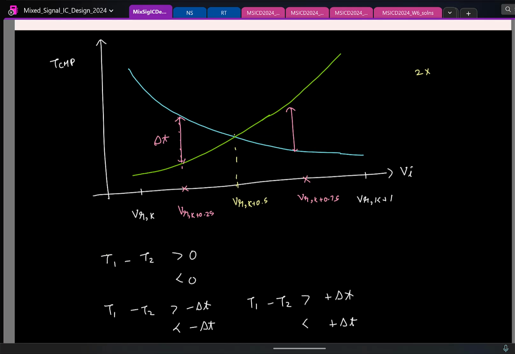This will tell you which of the two signals goes to 0 first, and we could also extend it for more bits, and for that, as we saw, we need to compare with more reference voltages. Which means we should no longer be checking which comparator finishes first. We should see if one comparator finishes a particular delta t seconds before the other. So if you want to increase the interpolation factor, you will have to introduce more and more levels like this.